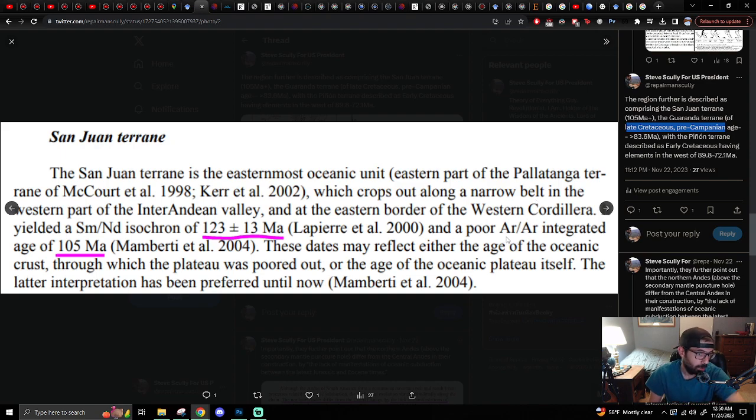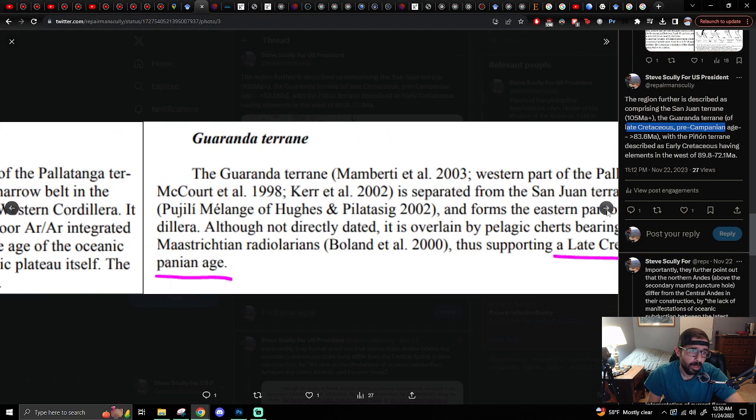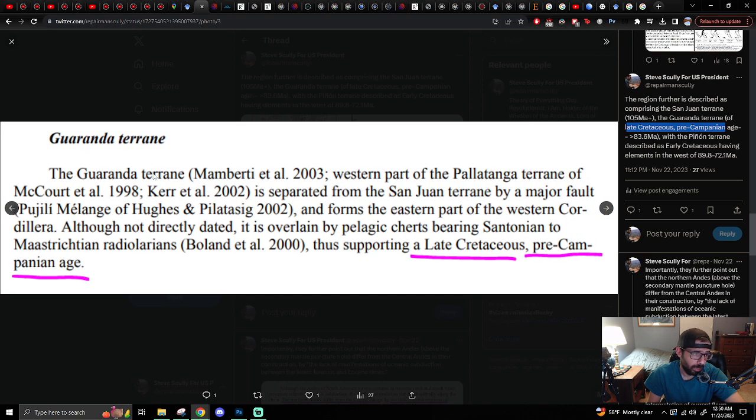It's interesting. It says poor argon. We'll come to something that mentions some oddities in this area, which from a secondary mantle puncture hole interpretation kind of makes sense. But we'll get to that. Garanda terrain, late Cretaceous pre-Campanian, not directly dated.